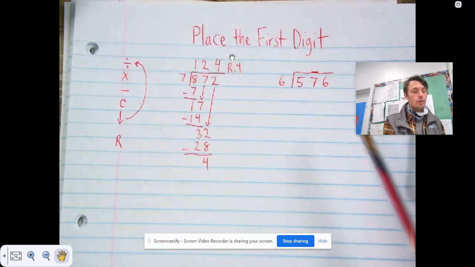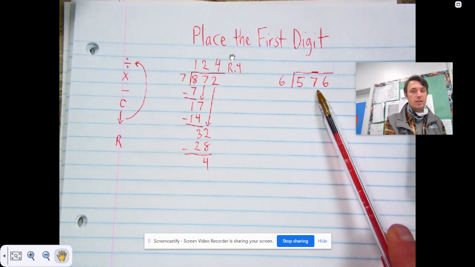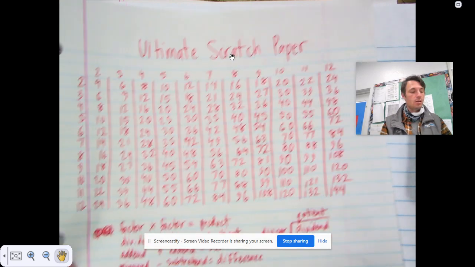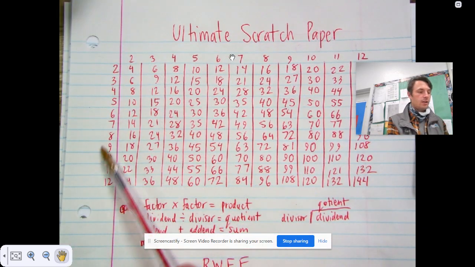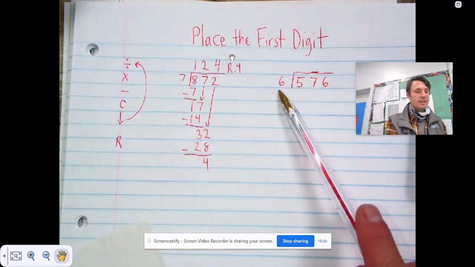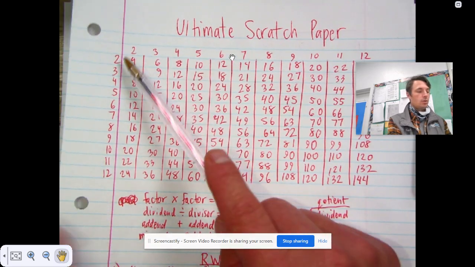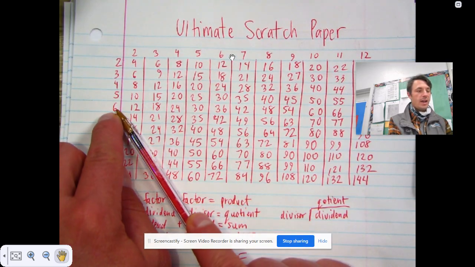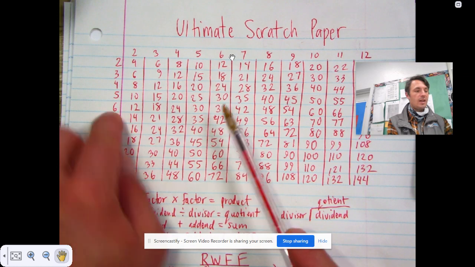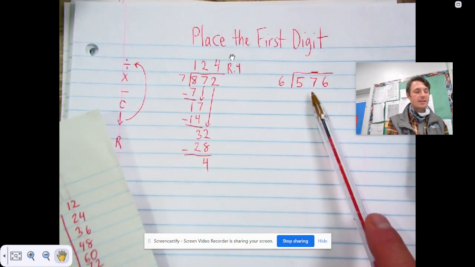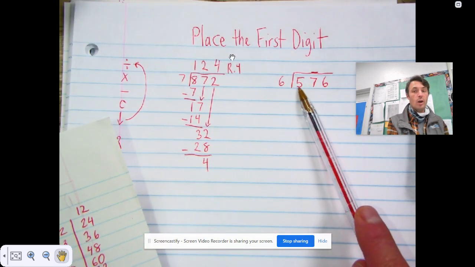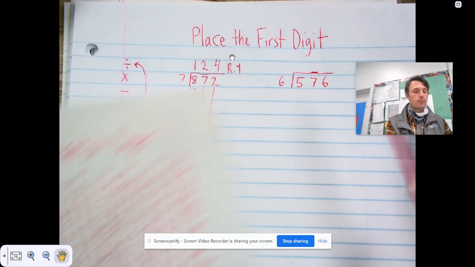Okay, we're trying to put 6 into 57. Whatever this number is, find it along the side here. So this is a 6. We found 6 right here. Now we go over this way until we get as close as we can to this number, 57, what we're going into, without going over.